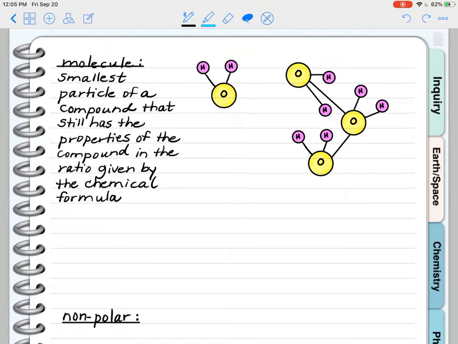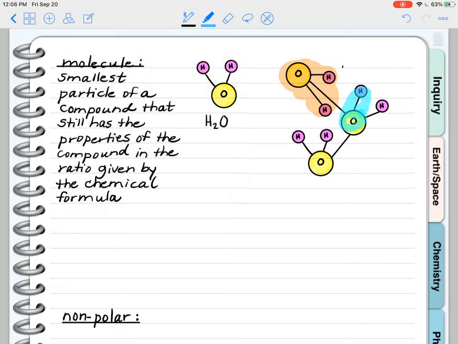Okay? Now, here's the thing that you have to understand. Did we change the recipe? This one has 2 hydrogens and 1 oxygen. Here I have, let me do it this way. The way I set up my picture, I can't break this off. There's 2 hydrogens and 1 oxygen.